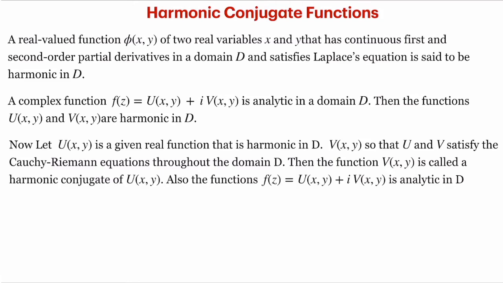Then the function v is called the harmonic conjugate of u(x,y), such that the function f(z) = u(x,y) + i v(x,y) is analytic in domain D. This is to say that if you are given a function which is harmonic, or satisfies the Laplace equation, then you can construct another function v(x,y) such that both satisfy the Cauchy-Riemann condition and form an analytic function.